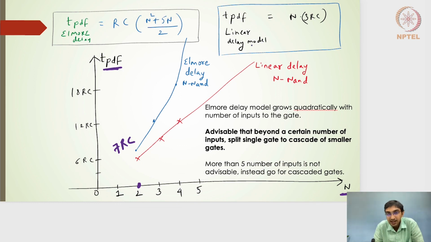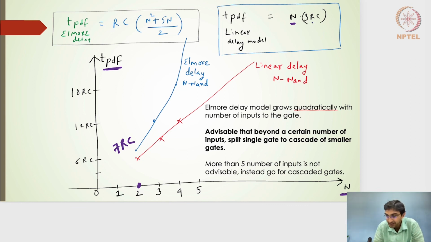Whereas a linear delay model is going to give me the propagation delay falling, which will be nothing but the parasitic capacitance multiplied by the 3 RC. The parasitic capacitance seen at the output node will be N, since we ignore the internode diffusion capacitance completely in the linear delay model.